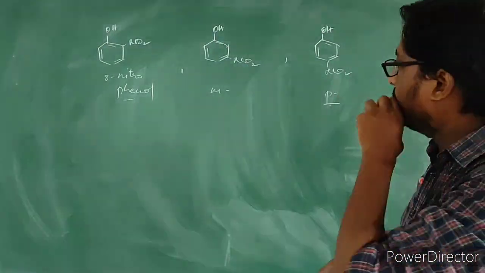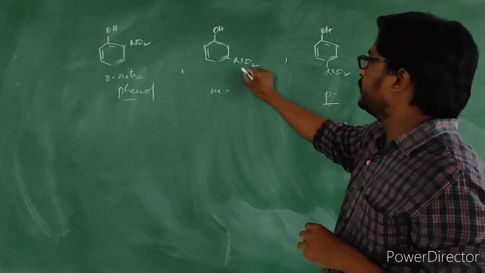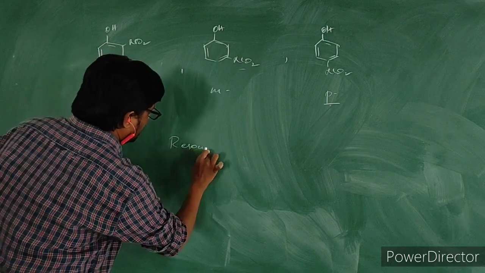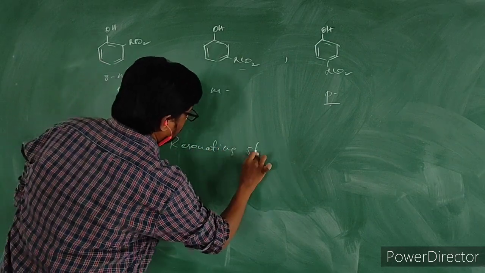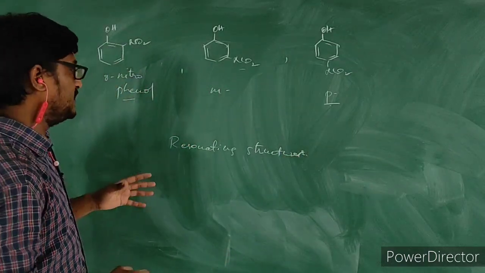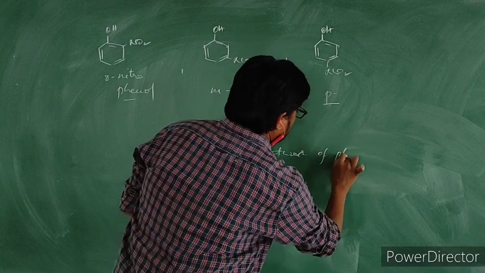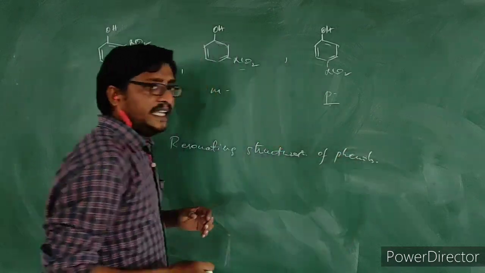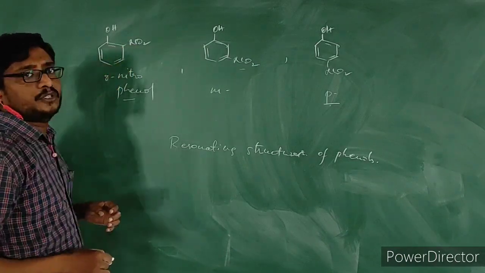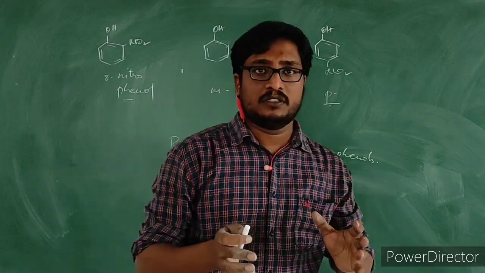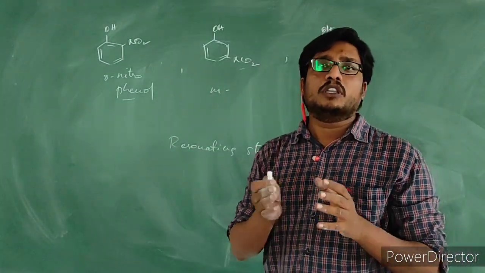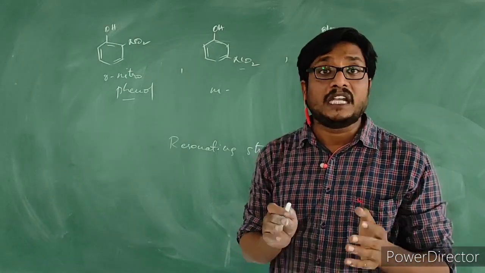When you see the resonating structures of phenols, negative charge will get delocalized at the ortho position as well as the para position, but not on the meta position.